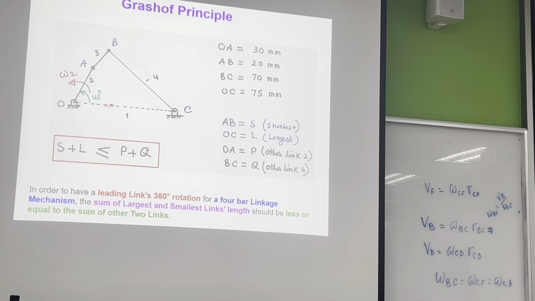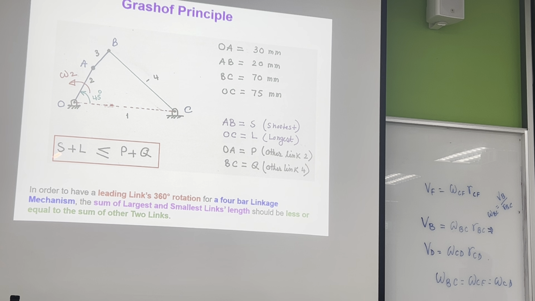It is not 100% correct, but it is almost 95% correct. Okay, so if anyone says the Grashof equation is 100% correct, no, you don't say it, but most of the time it is correct. So what happens? It says, in order to have, in a 4-bar linkage mechanism, at least one link which has a connection to rotate 360 degrees, the length of the smallest link plus the largest link is less than or equal to the other 2 links.